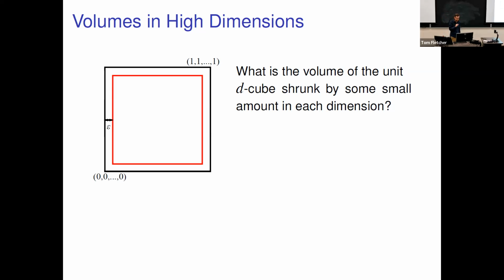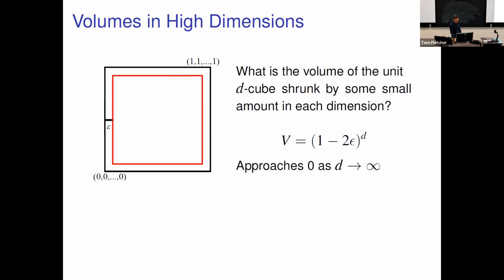If I do that, who can tell me what is the volume of the red hypercube now? Minus 2 epsilon. Yeah, minus epsilon power d. Yeah, that's right, 1 minus epsilon to the d power.